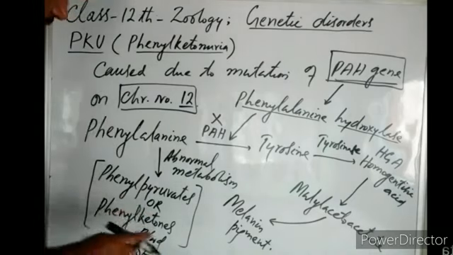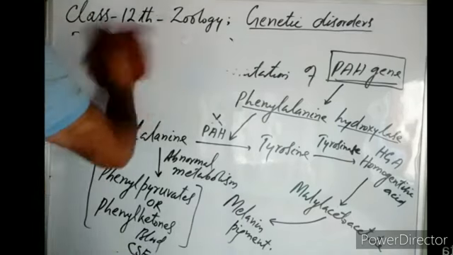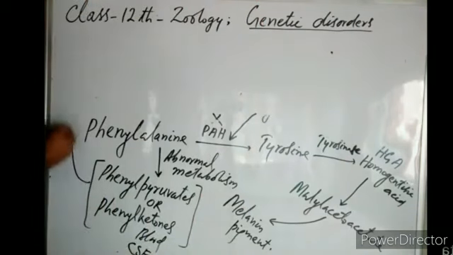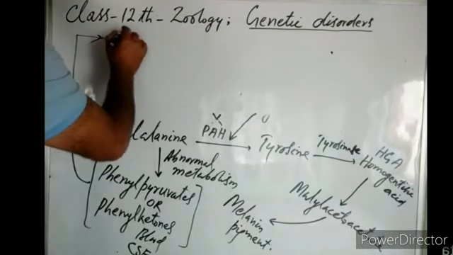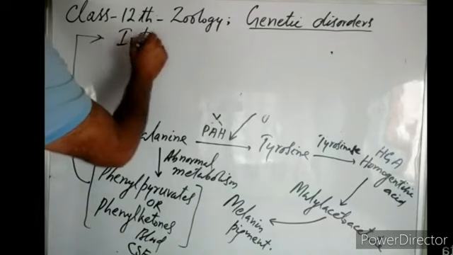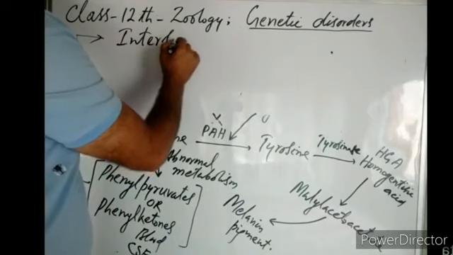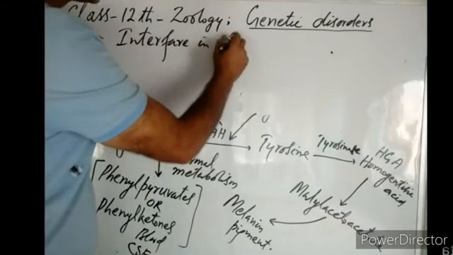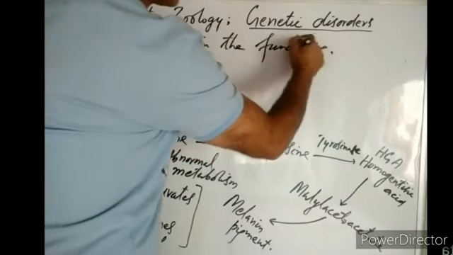As they accumulate, they start interfering in the functioning of neurons.